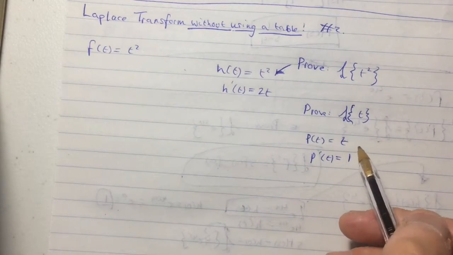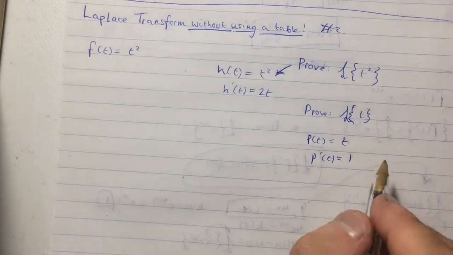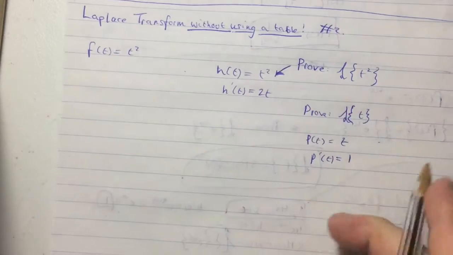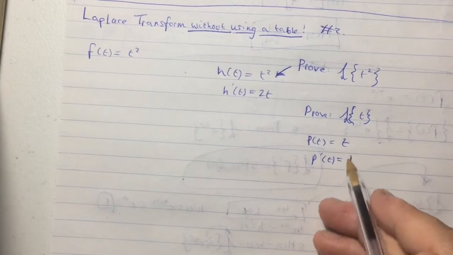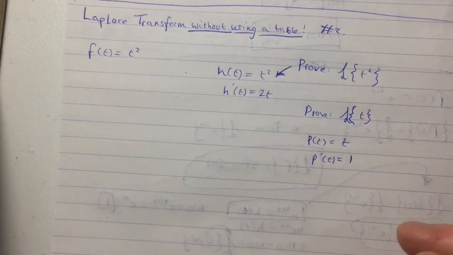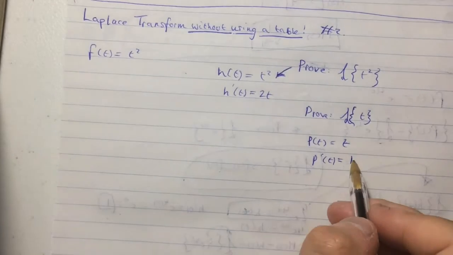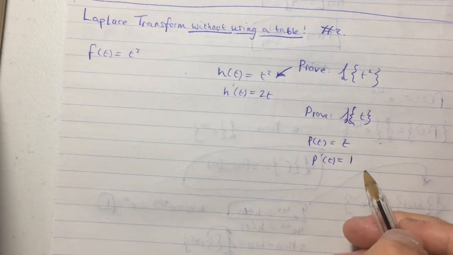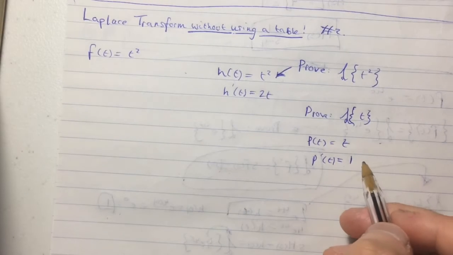The only way to do this, because you can't use the derivative formula here: if you say q of t is equal to 1 and take the derivative of 1, that's 0. Not much to work with there.